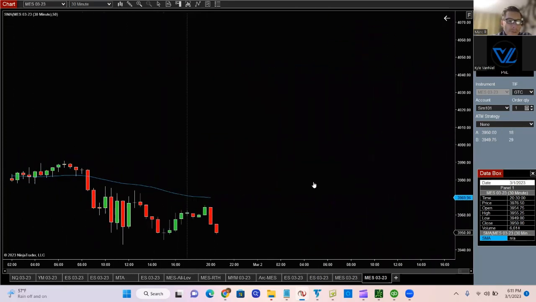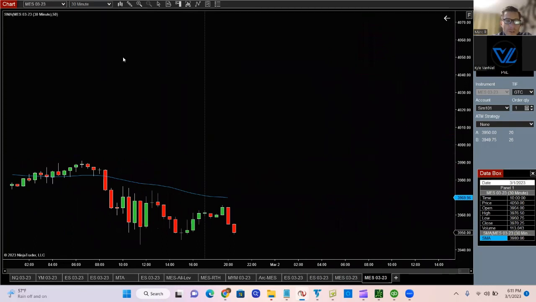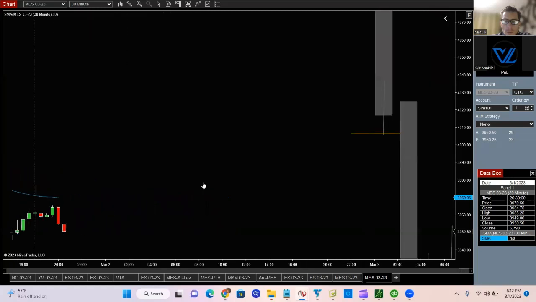The bottom of a green candle is where price opens. The top of a green candle is where price closes. And vice versa on a red candle. The top of a red candle is where price opened on that candle. The bottom of a red candle is where price closed on that candle.